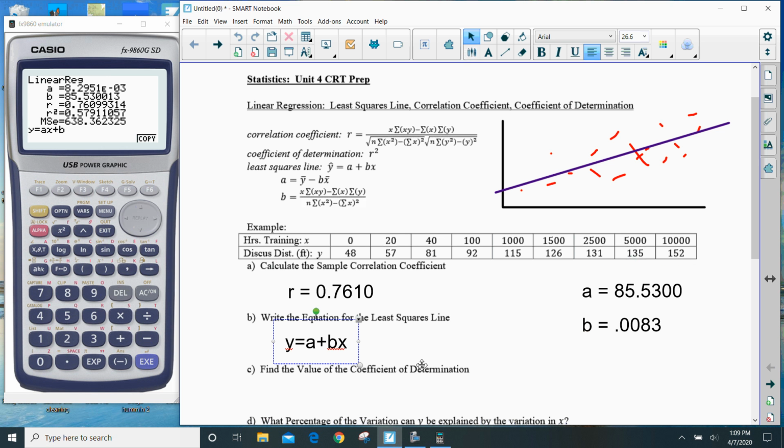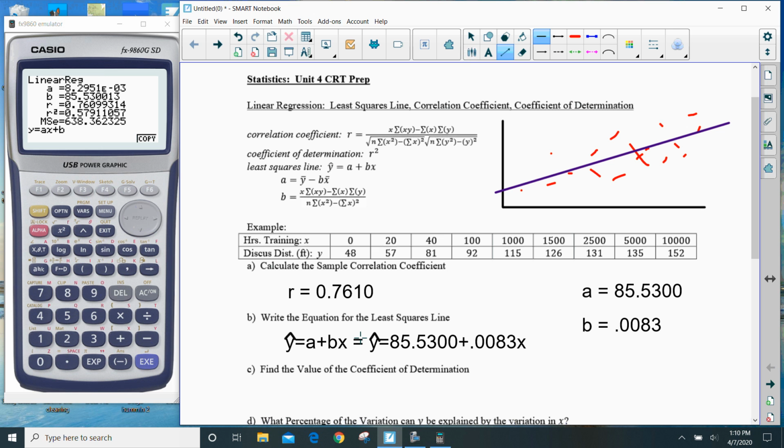All right, on to this equation. So y hat is equal to A plus Bx.